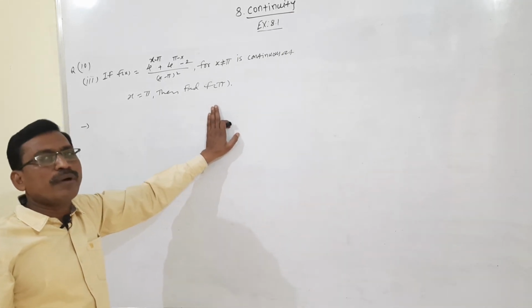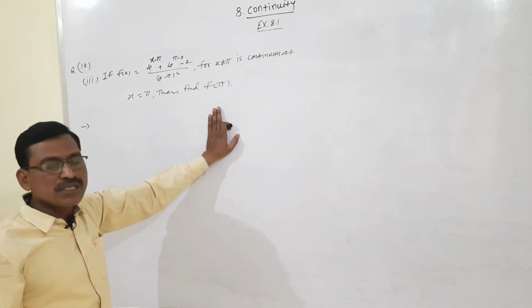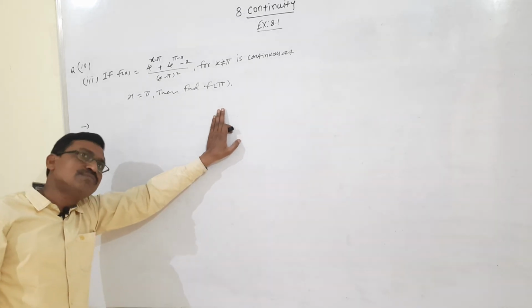That means we have to find the function value at that point, f of pi, and that point is pi here.